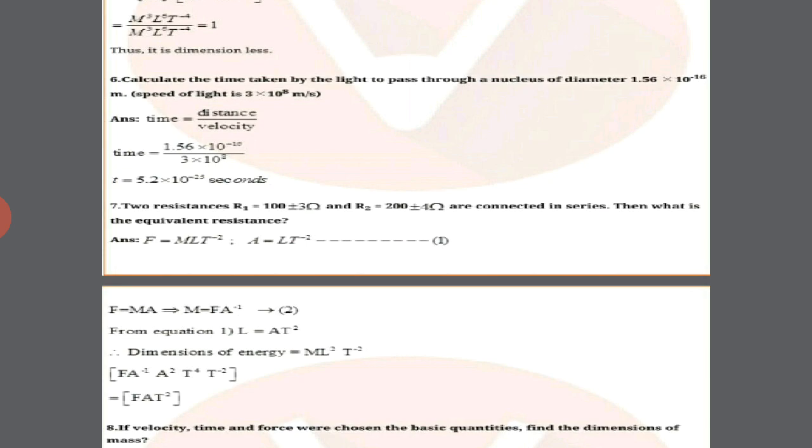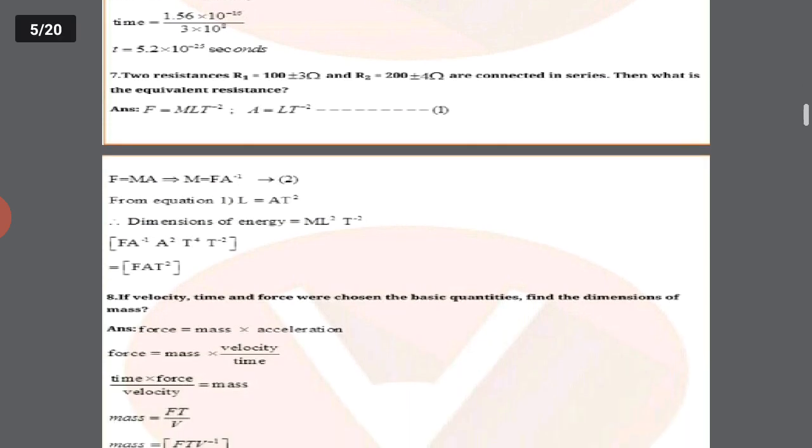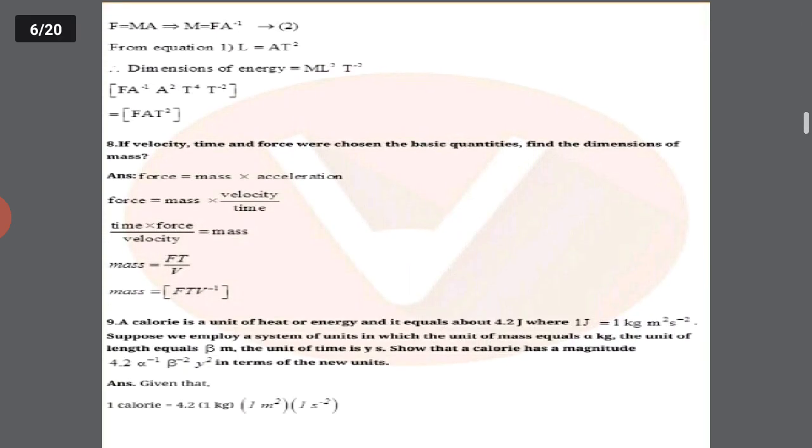Question number 8. If velocity, time and force were chosen as the basic quantities, find the dimensions of mass. We all know force is equal to mass into acceleration, force is mass into velocity upon time.